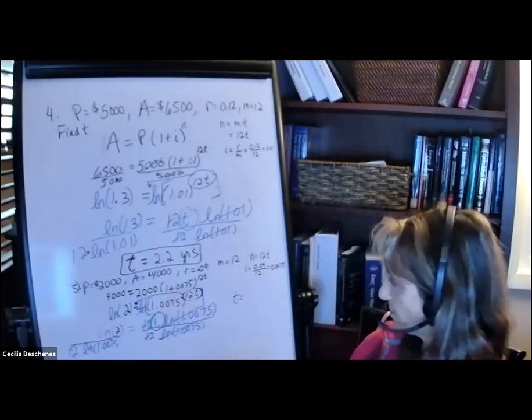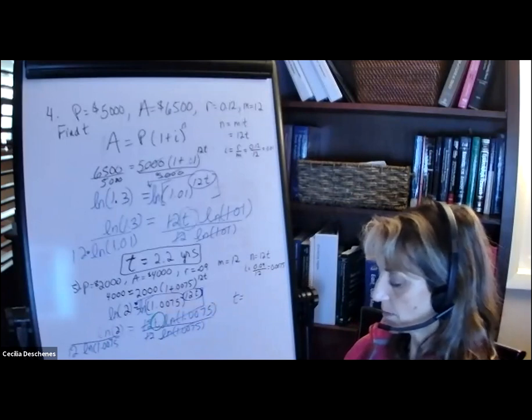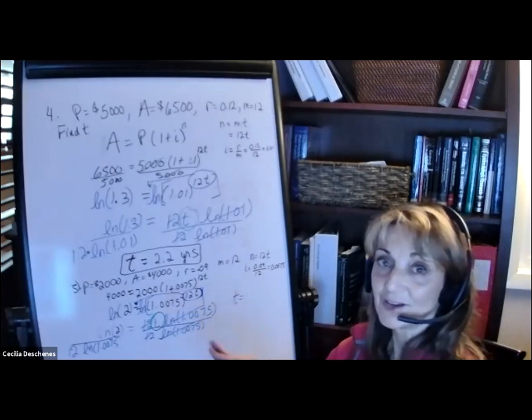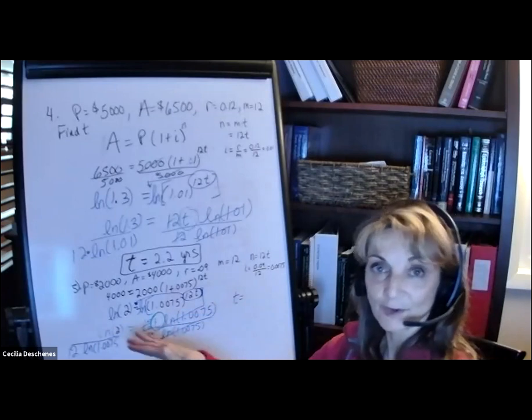All right, so I'm going to take ln of 2 on my calculator. Hopefully, like I said earlier, you can just plug this in the way we write it, and you can use parentheses.